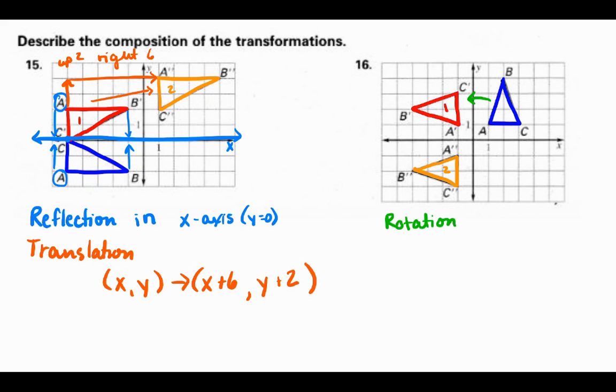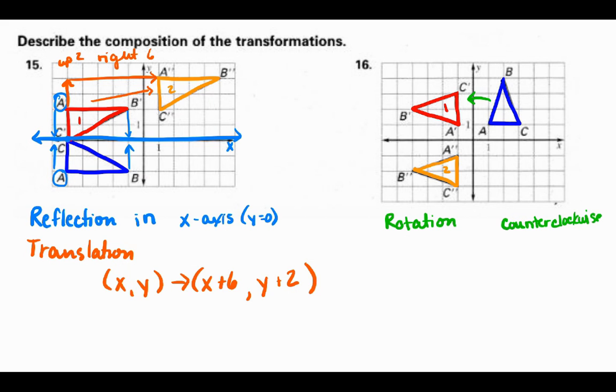Now remember, a rotation is a 3-part description. I need to know the angle, the center, and the direction. The direction is the easiest part because we're going from the right to the left. So this is counterclockwise.